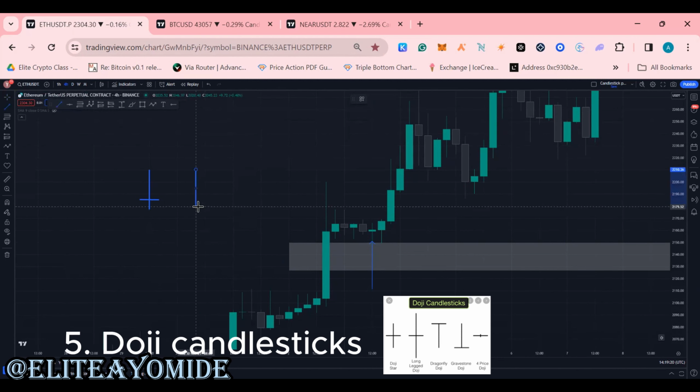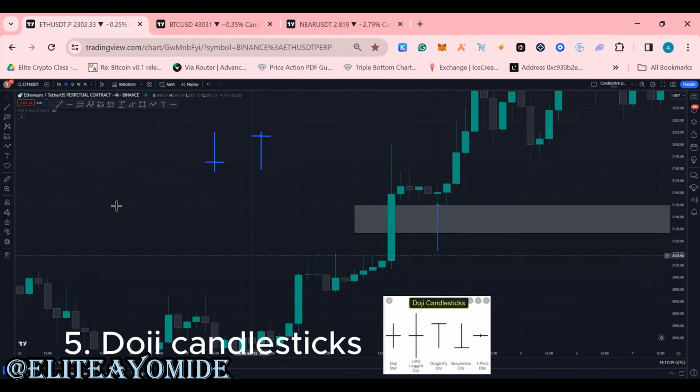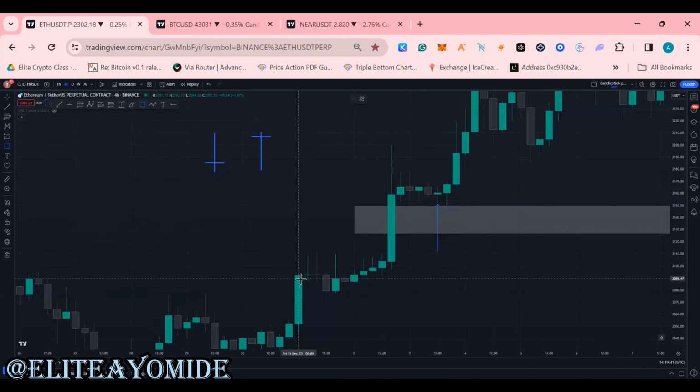A grave is always on the ground, right? A dragonfly is an insect that always flies, right? So this is the gravestone at the left, while this is the dragonfly doji at the right. The two of them are still saying the same thing, meaning that this market is still in indecision. So these are the two examples of doji.